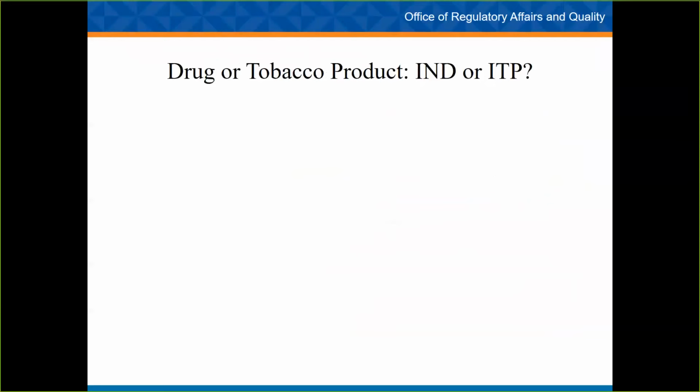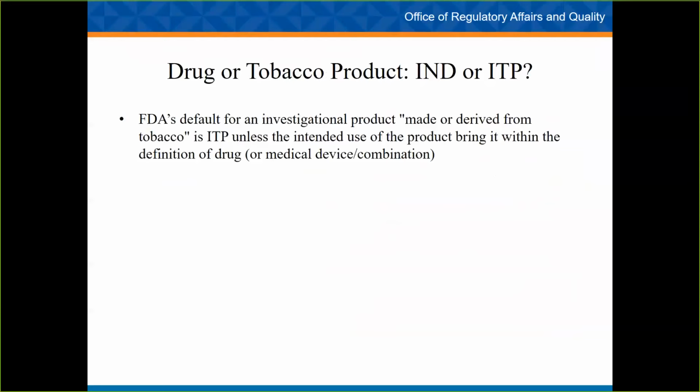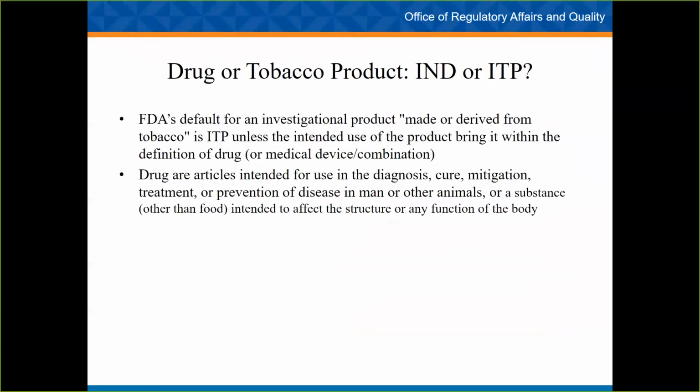All right, now we're going to jump into the drug or tobacco product section. So if you're not sure whether or not you need an IND, an investigational new drug application, or an ITP. FDA's default is that an investigational product made or derived from tobacco would be an ITP application unless the intended use of the product brings it within the definition of a drug or medical device or combination.